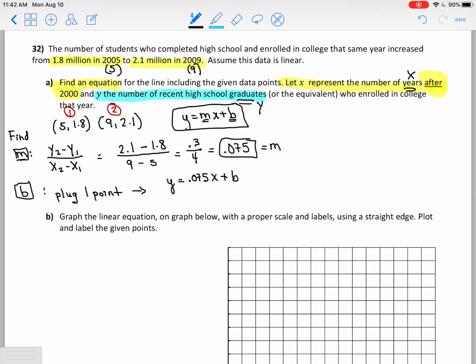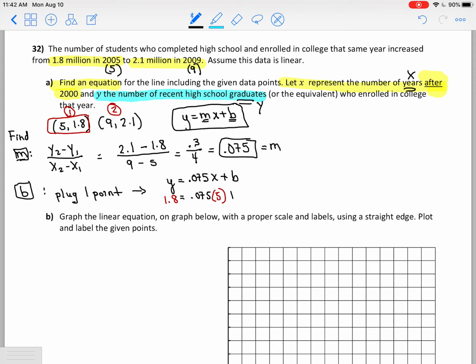Remember, we're trying to find b, so we need to plug in the value for our x and our y. So I'm just going to pick this first point here just because the numbers are a teeny bit lower. It doesn't really matter. You will actually have the same answer for b if you plugged in the other point.